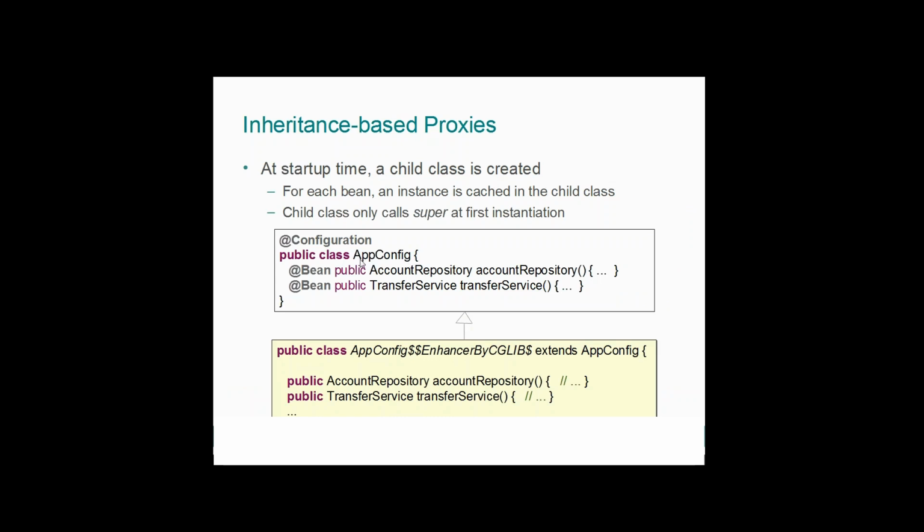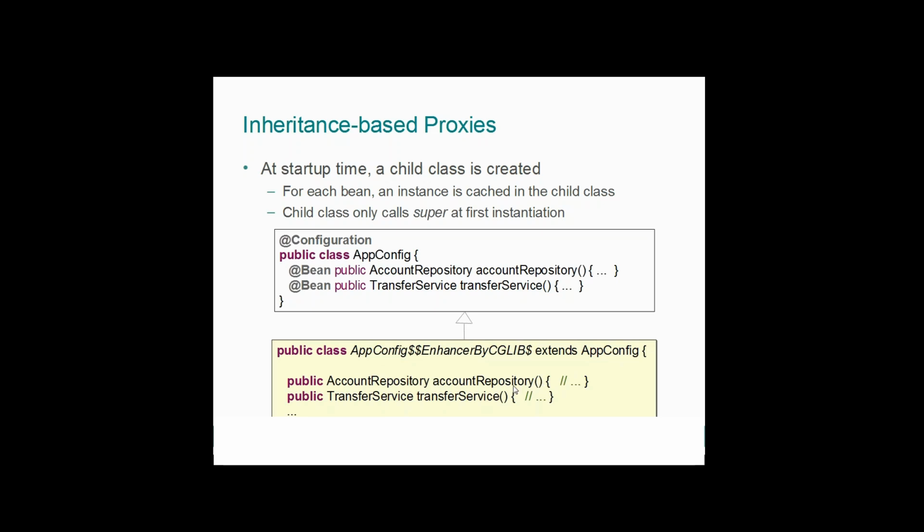When I create this app configuration class with this annotation and I have all the beans inside, internally Spring will extend this app configuration class and create a proxy object, and inside this proxy object it will re-implement all the methods which have a bean annotation. All the methods annotated with the bean annotation get redefined here.